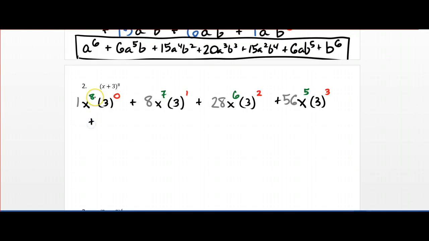Okay, next row, 56 we had in the last term, so now we have a 70, so 70 x to the 4th power, 3 to the 4th power. Next term, we go back down to 56, so now we have 56 x to the 3rd, 3 to the 5th.